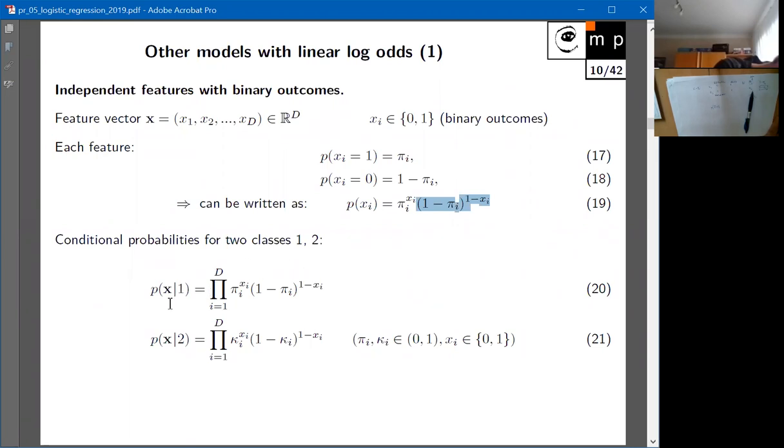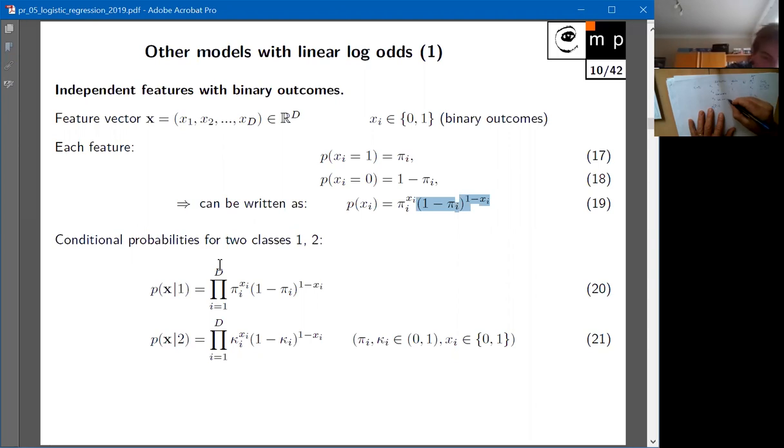So for D binary features, it's easy to create x3, something like maybe neck length. I'm not sure what the average neck length for a man is. I don't know, 35 centimeters. It's not length, it's circumference.